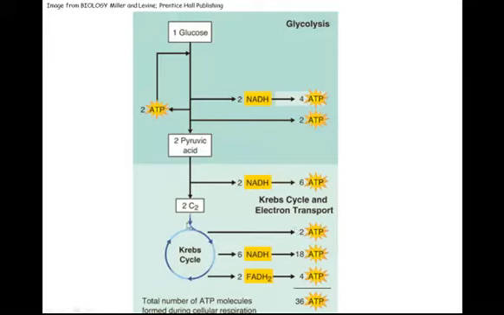And then for the electron transport, look at how many ATPs we're going to get, for a total of 36 ATPs, and most of those are coming from those electron carriers that we made.